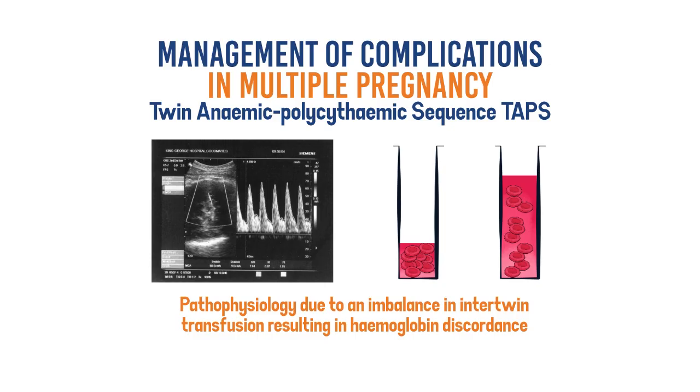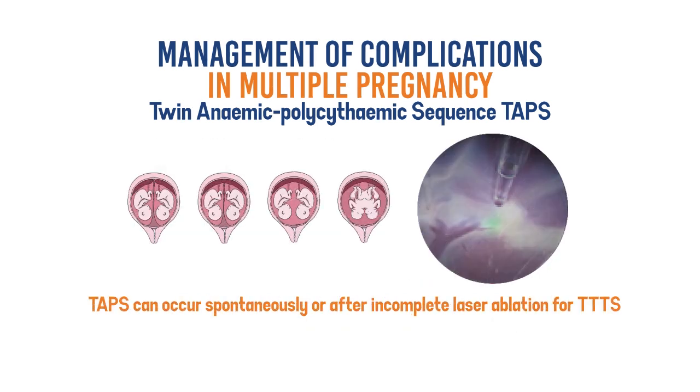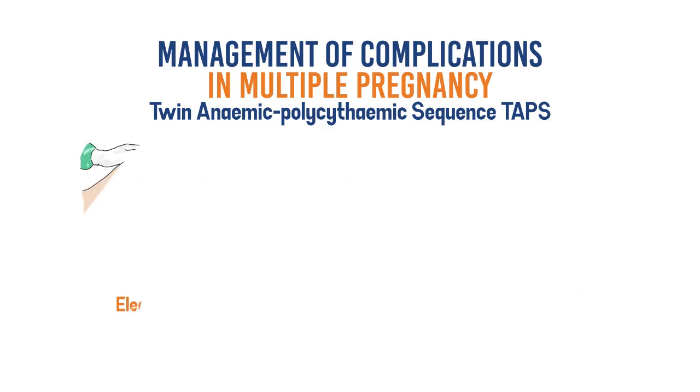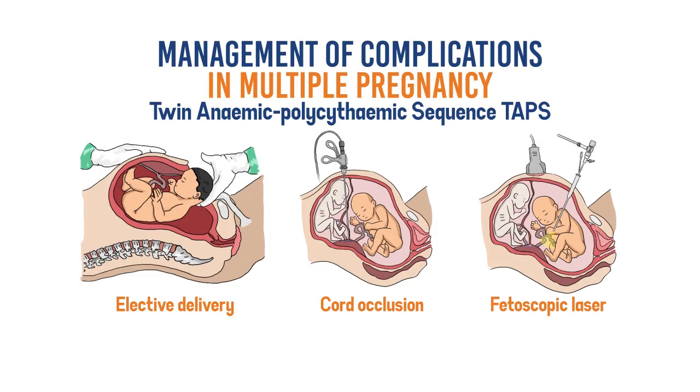Anemia results in hydrops and intrauterine death of the donor, while polycythemia causes cardiac failure and death in the recipient. Twin anemia polycythemia sequence can occur spontaneously or after incomplete laser ablation for twin-to-twin transfusion syndrome. Management includes elective delivery, cord occlusion, or fetoscopic laser.